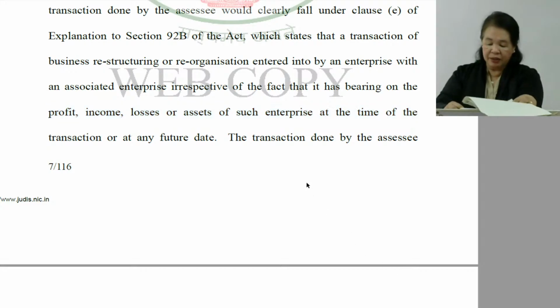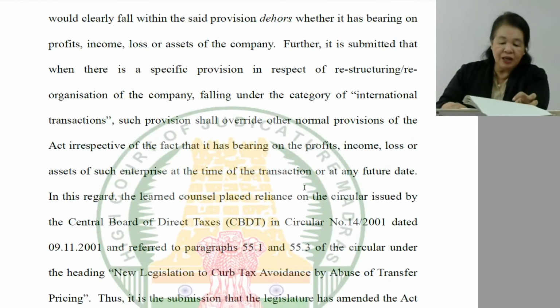The transaction done by the assessee should clearly fall within the said provision, whether it has bearing on profits, income, loss, or assets of the company.